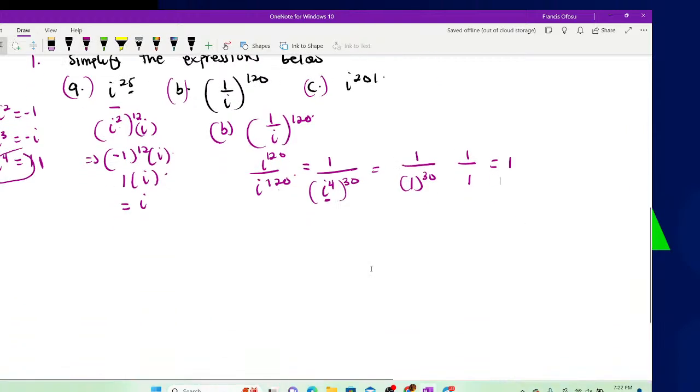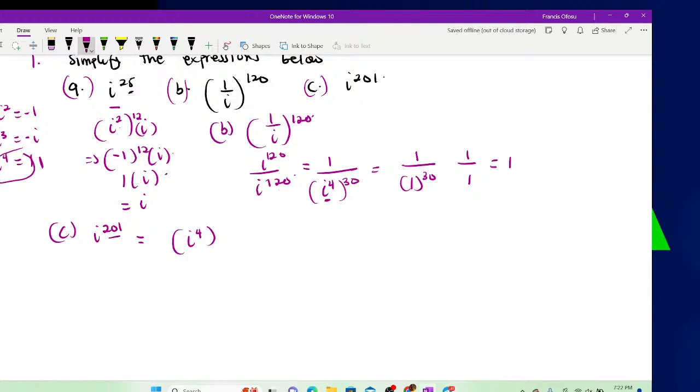Now let's see the last part, C. C, which is I to the power 201, is equal to I. Let's take the same I to the power 4. Then you ask yourself, 4 times what number is going to give us 201, or approach 201? We can say 50, because 4 times 50 is 200.